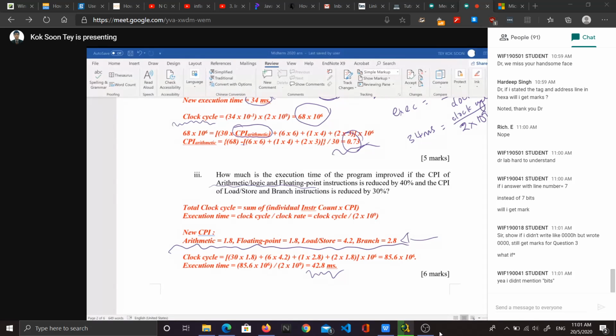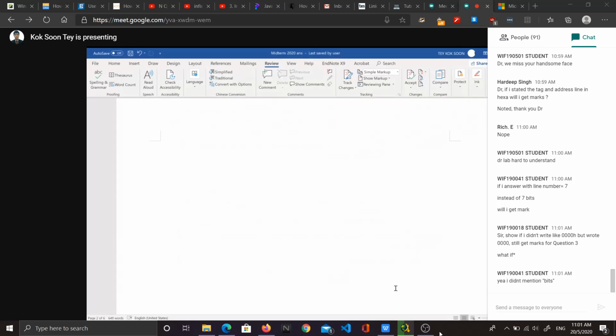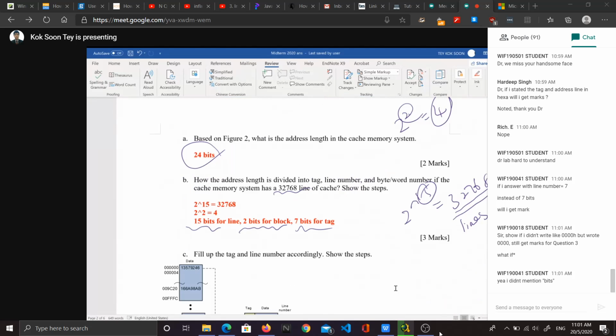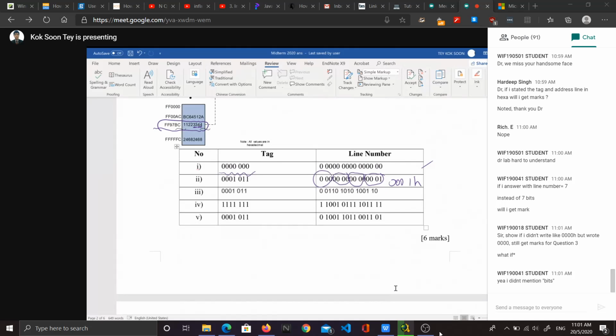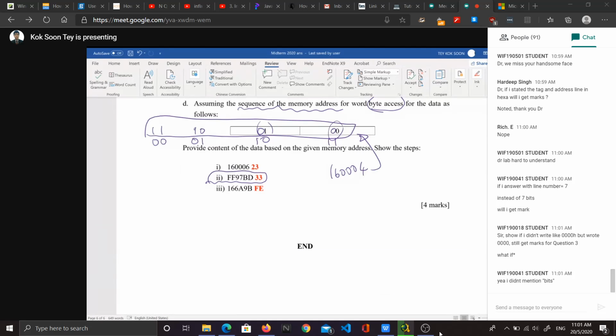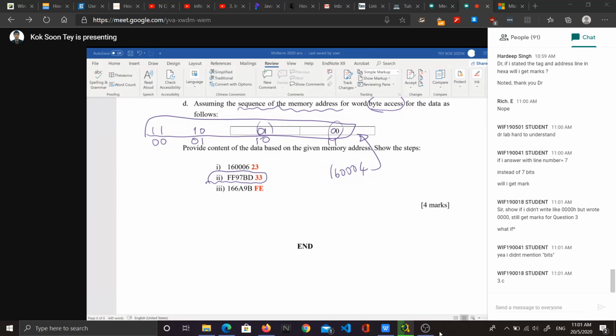For question 3, you mean you put it in hexa number, but you didn't put H3C?